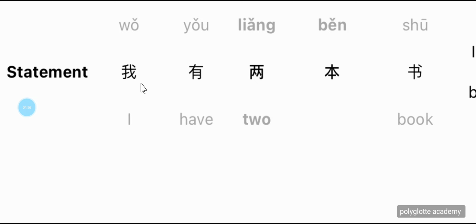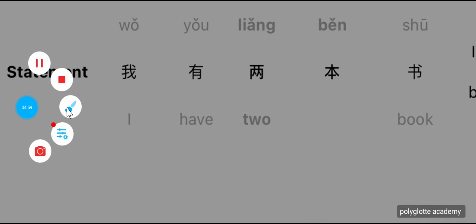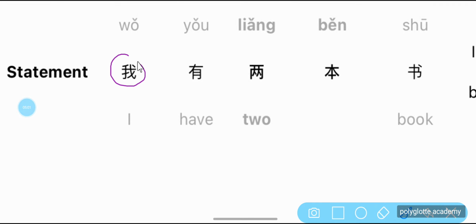For demonstration, we have 我有两本书, 非常好. So, I have two books. 我有两本书, two books. 两 here is another word to say two, like 二, E-R.